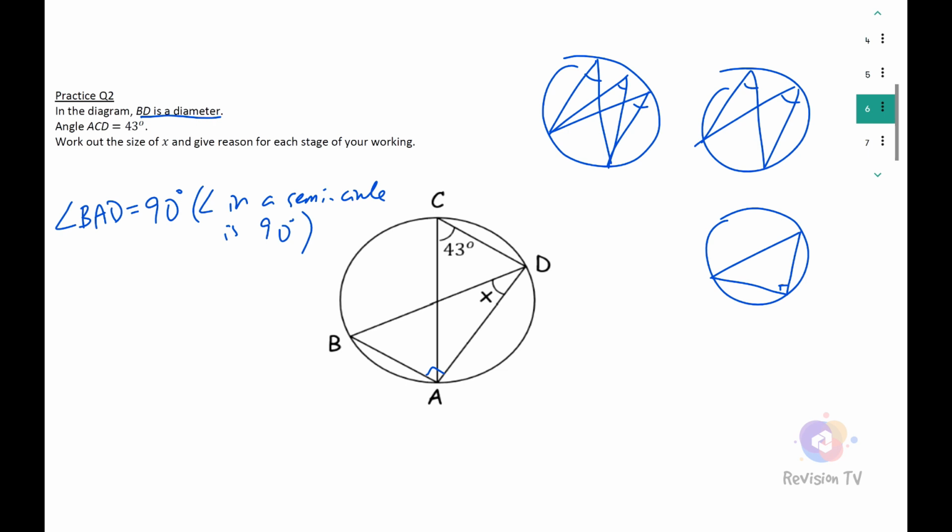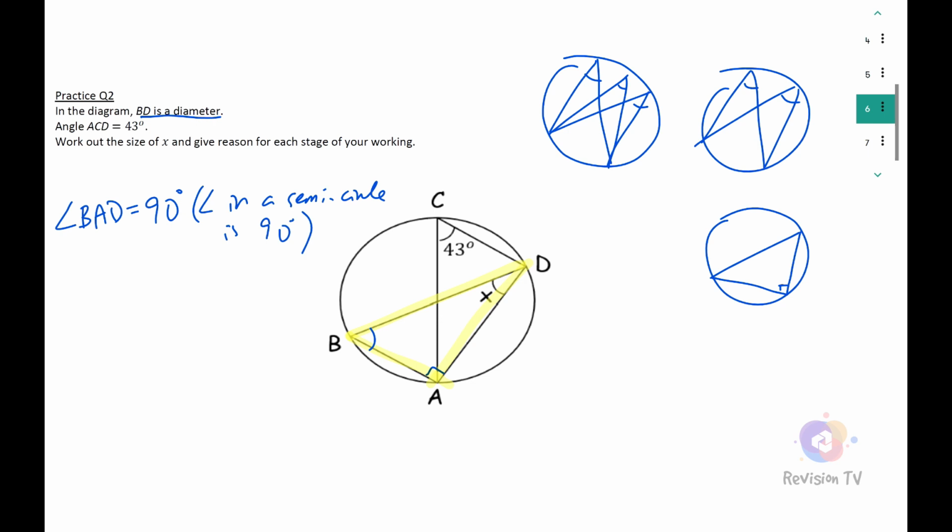The second one, what we know is, now if we want to work out the x value, we want to work with this triangle. If we know 90 degrees in here, what will be useful is to work with the angle DBA, this DBA angle in here. Well, we can find that because this angle will be the same as 43 degrees for the butterfly theorem. You can't just say that.